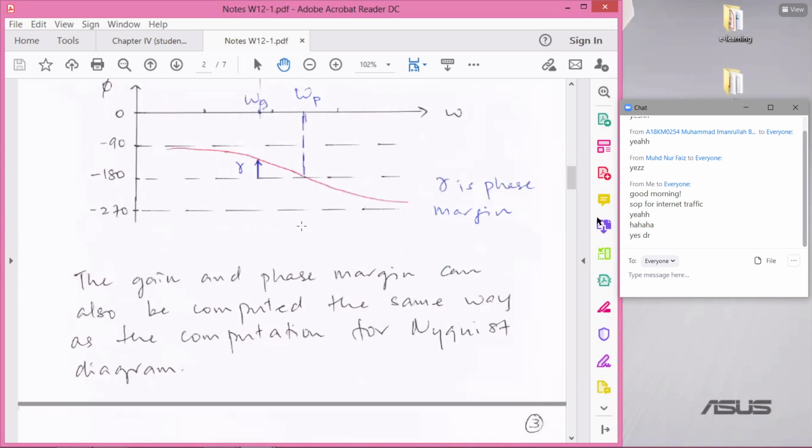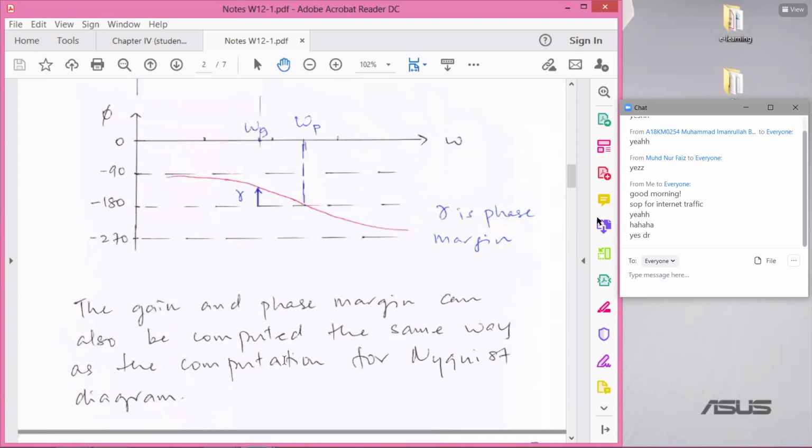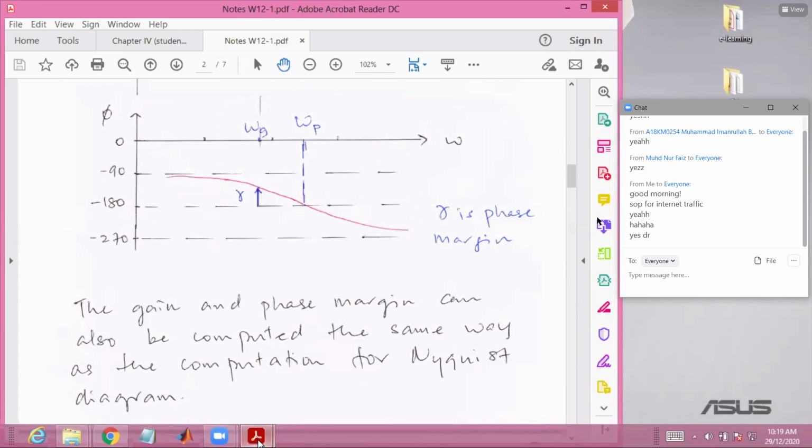The gain and phase margin can also be computed the same way as for the Nyquist diagram. For those of you who are still not clear on how to compute the gain and phase margin, we are going to go through again the same way that we computed them for the Nyquist diagram. Okay, so that is my explanation for the Bode diagram.